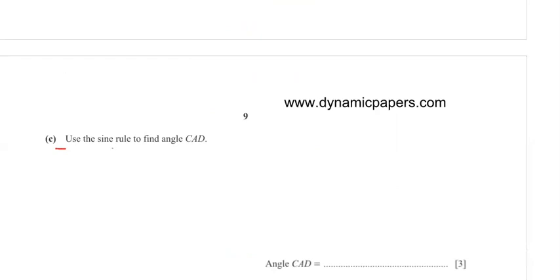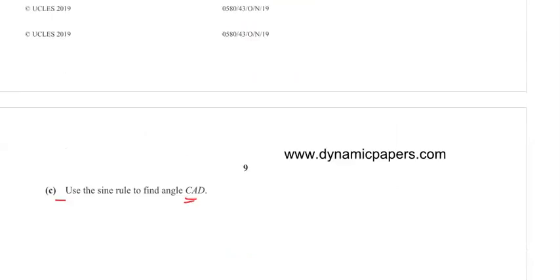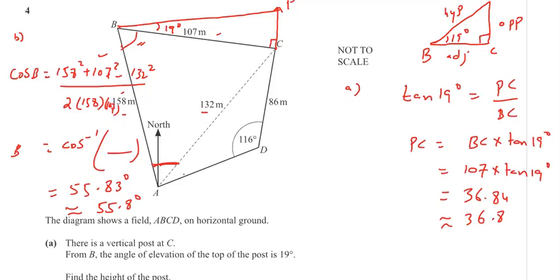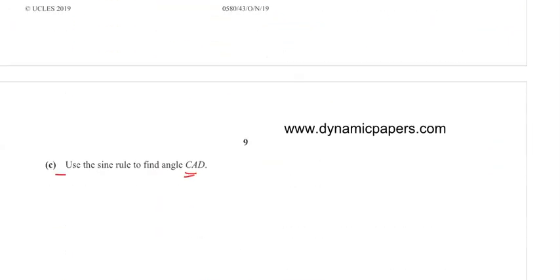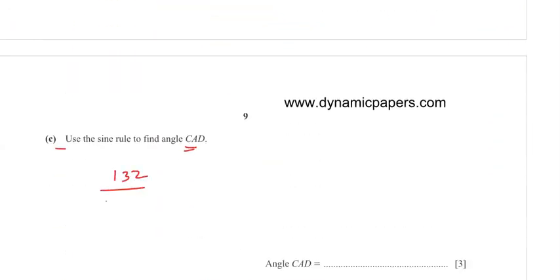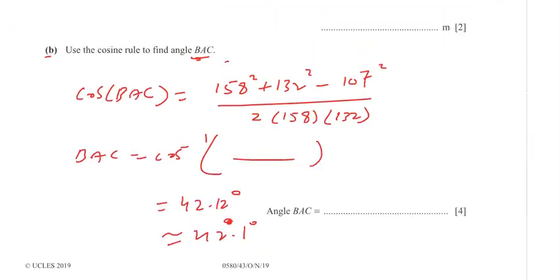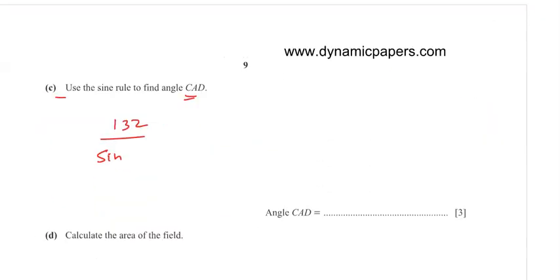The next step is to use the sine rule to find CAD. Now using the sine rule, you have to find this angle CAD. The sine rule says that 132 over sine of this one will be equal to 86 over sine of this angle. So you can write 132 over sine of 116 equals 86 over sine of CAD.